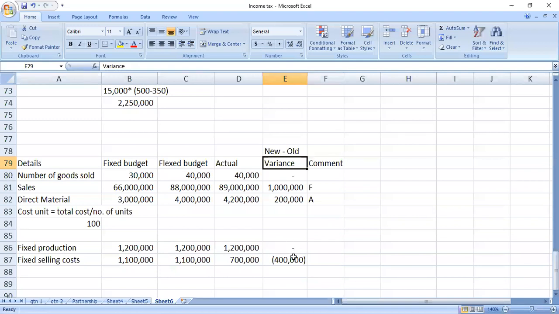The comment is not based on the negative. The comment is based on the fact that you spent 40,700 and yet you had budgeted 140. Meaning you're doing well, you're spending less, you're minimizing your costs. Every time you minimize costs, you're maximizing profits, which is a good thing, and we say it is favorable.